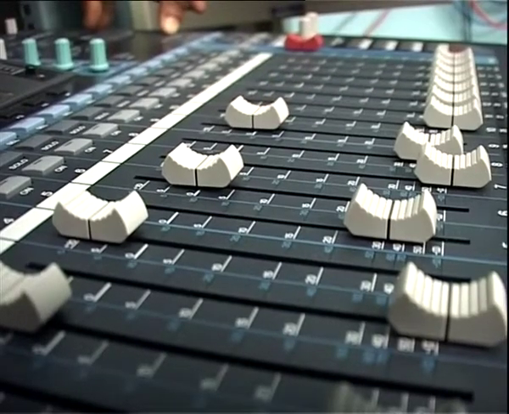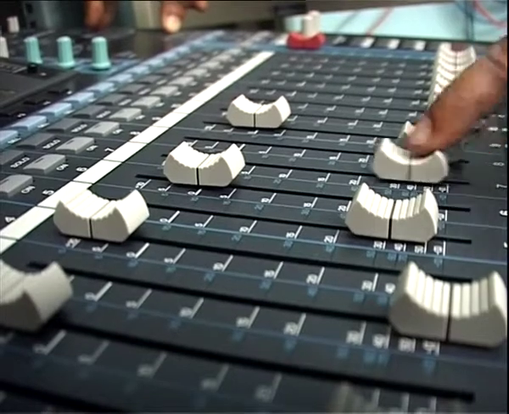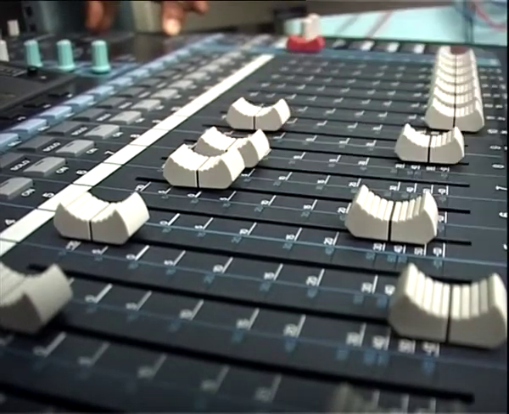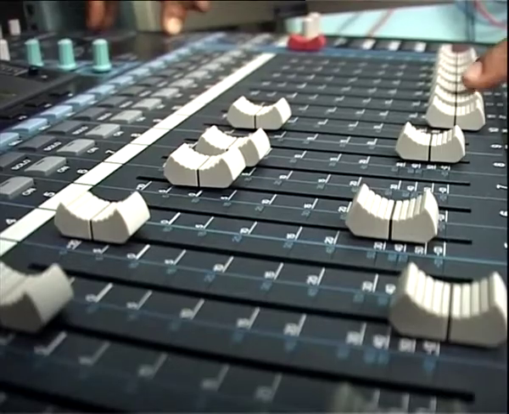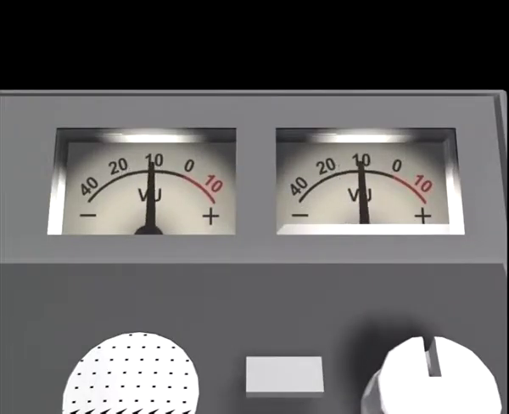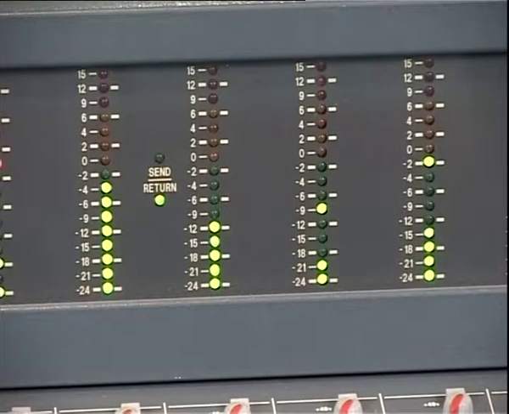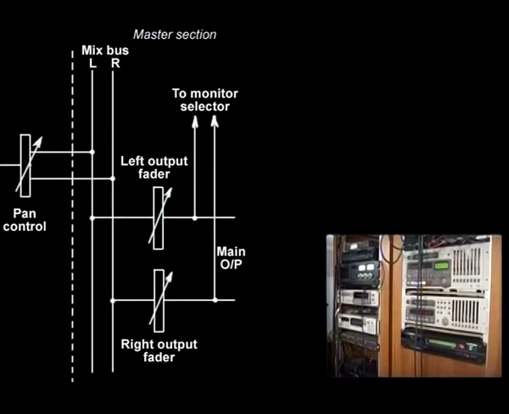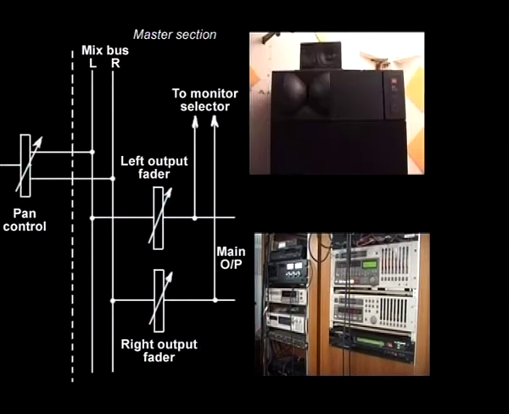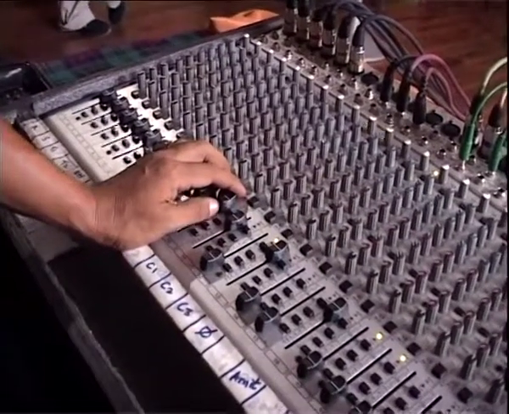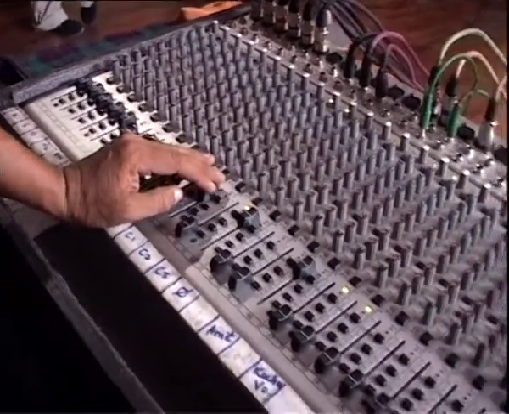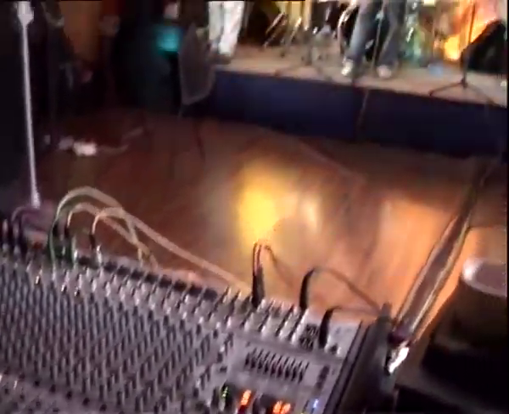Each output channel has its own fader that should be adjusted to an optimum level so that the overall recording level is neither too low nor crossing the threshold. Part of the output signal goes to the recording device and the other part goes to the speakers. In live mixing, the entire output goes to the speakers.